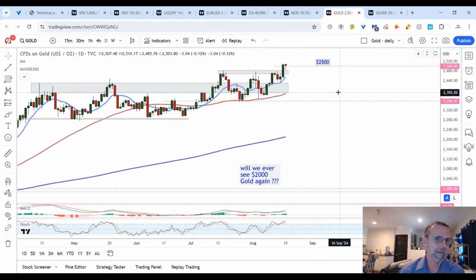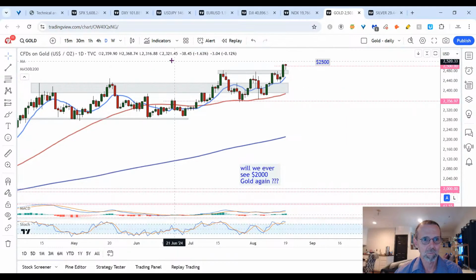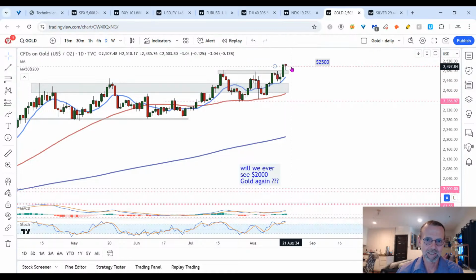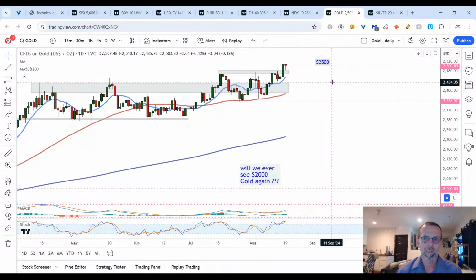Currently, price is at 2503.80, so above the 2,500 level. And this doji candlestick with the body above 2,500 suggests again that price is finding support at 2,500. I was listening to a podcast.